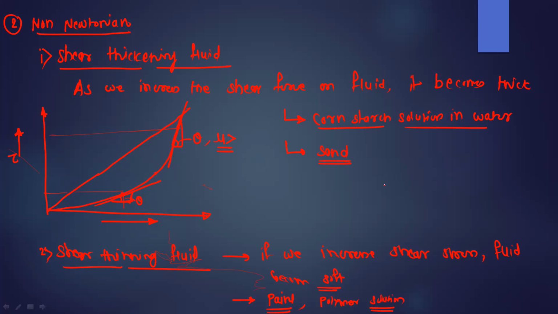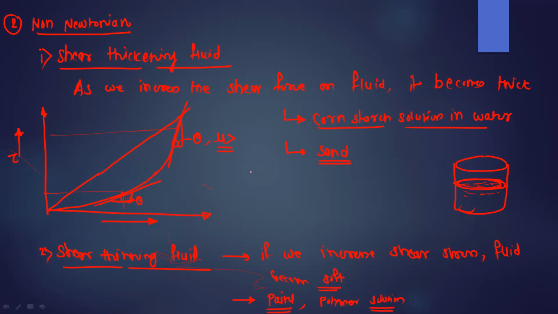So you can observe when we have the paint in the container, here we are not applying any force, so it appears thick at the low value of forces or shear stresses.